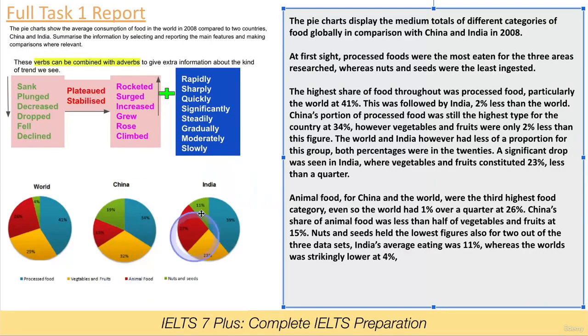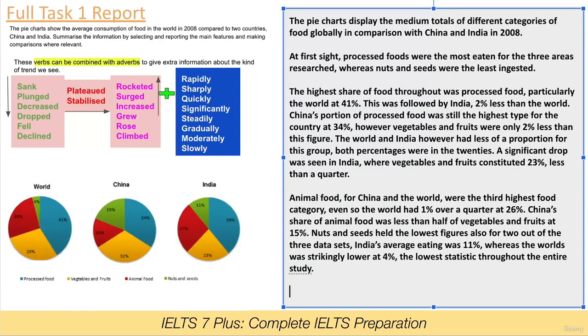This was actually the lowest figure throughout. The lowest statistic throughout the entire study.